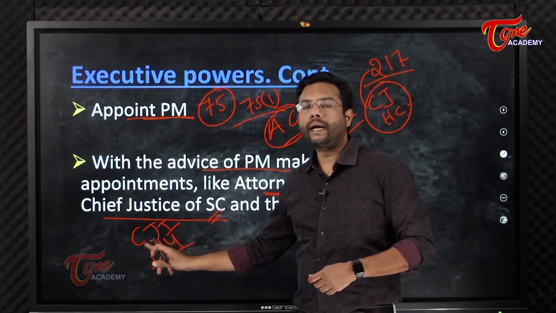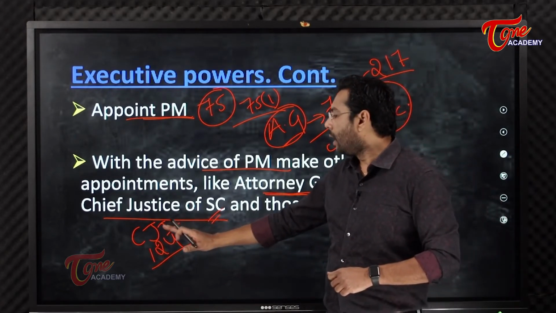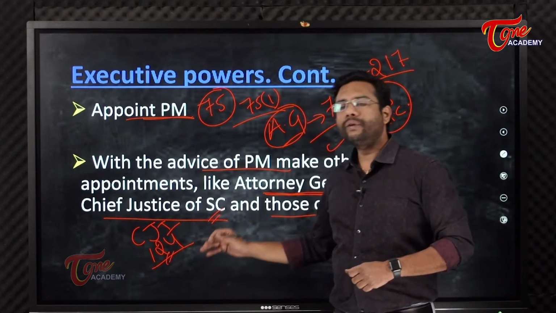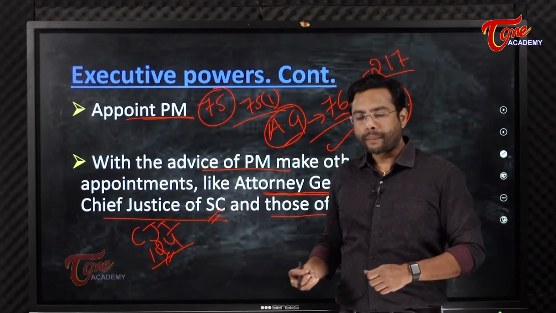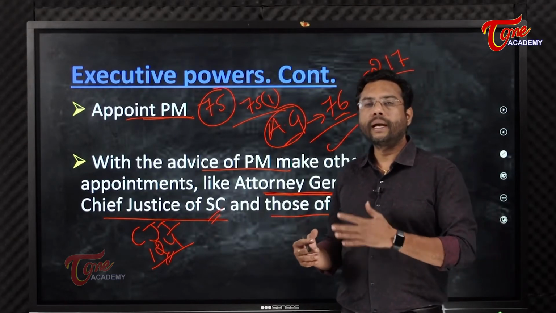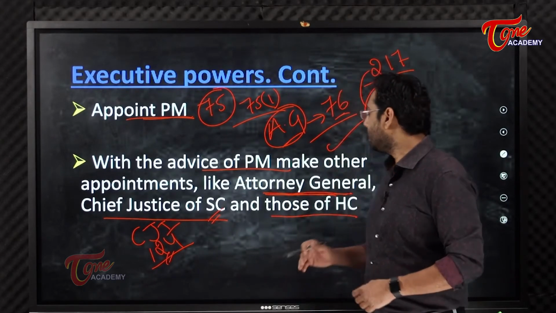The Chief Justice of India and other Supreme Court judges are also appointed by the President under Article 124. When we say appointed by the President, he does not take his own decisions. The President would rely on the advice of the Council of Ministers, which is headed by the Prime Minister.